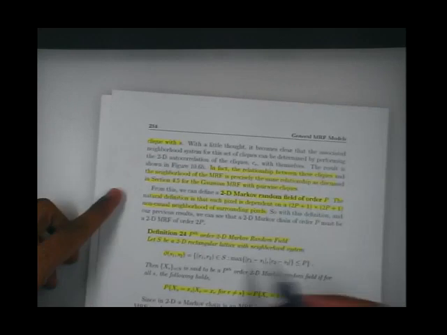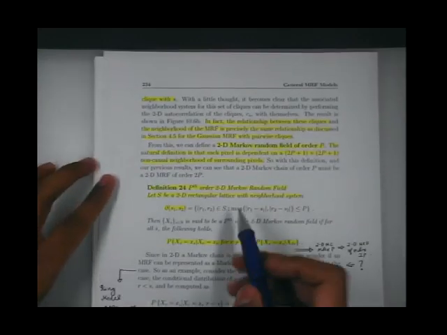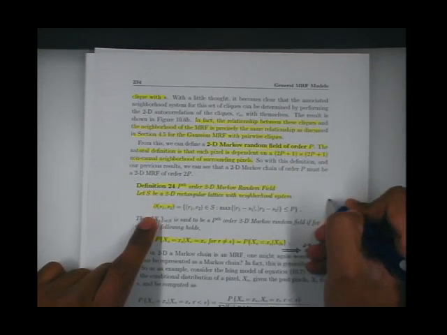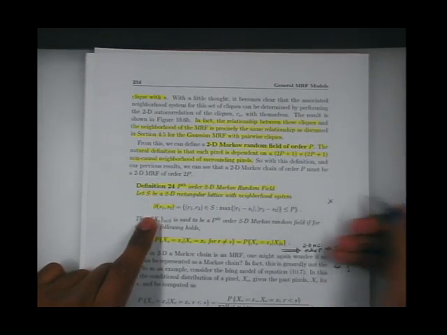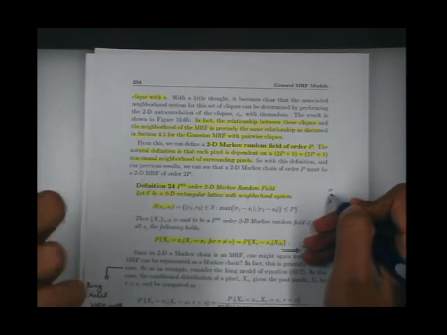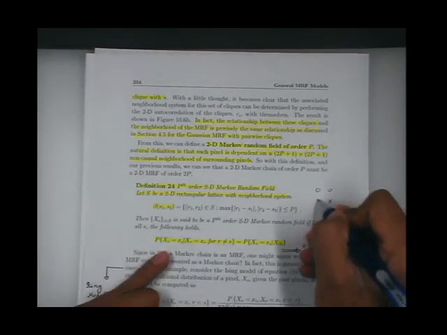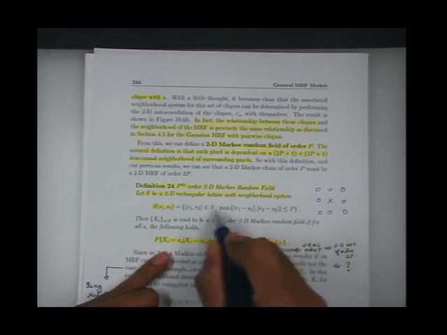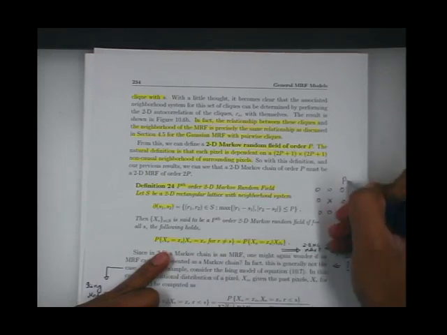All right. So given that, we can then go ahead next and define what a 2D MRF is, right? Basically, for a 2D Markov random field of order P, if we consider a neighborhood system, define simply the neighborhood of a single pixel. A natural definition is for P equal to 1, then the order of the MRF is 1, and this is the neighborhood system that I get. This is a center pixel, so that's what the equation over here essentially leads to. So P is equal to 1 here.